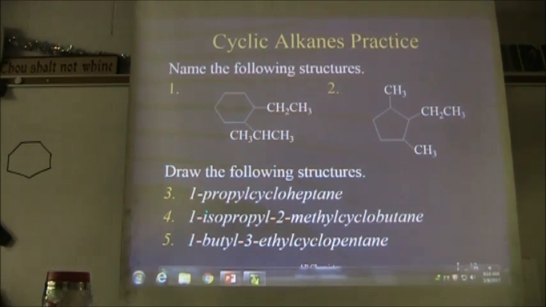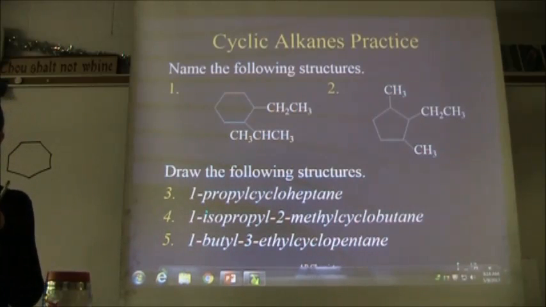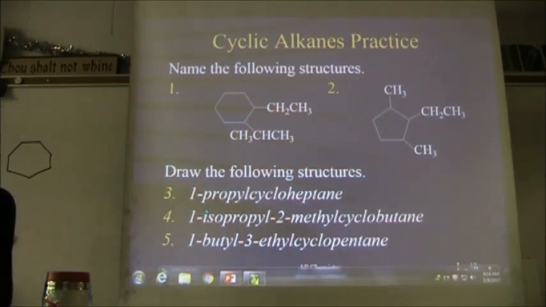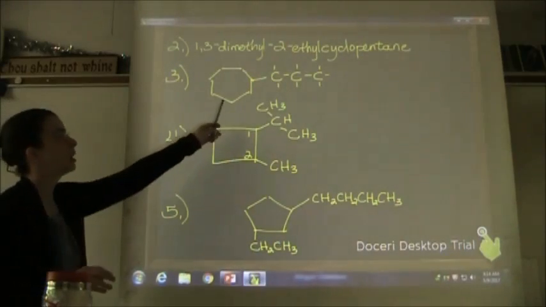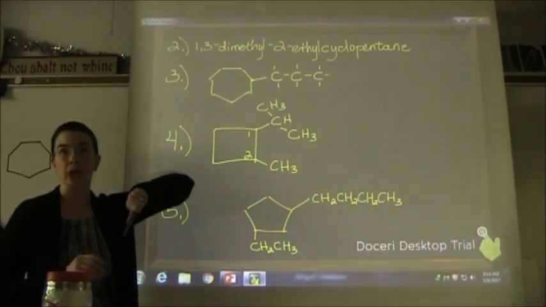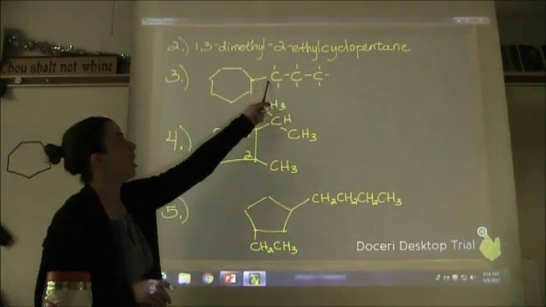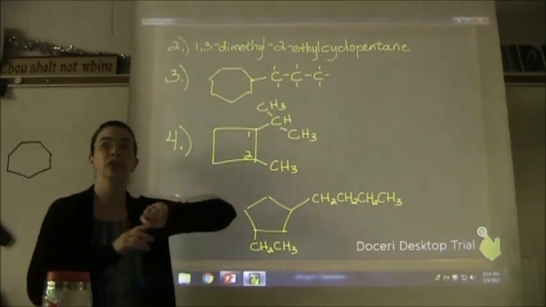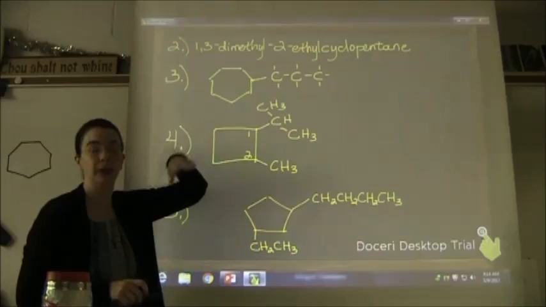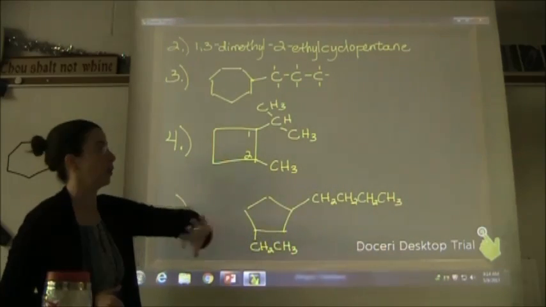Okay, guys, let me put the answers up, and I want to show you some options as to how you draw these things out. Check your answers in a minute, but look at something. You can, if you wish, draw your substituents out like this, and this goes for not just cyclic alkanes, but any of your drawings in organic.